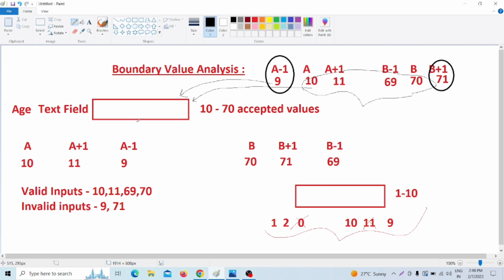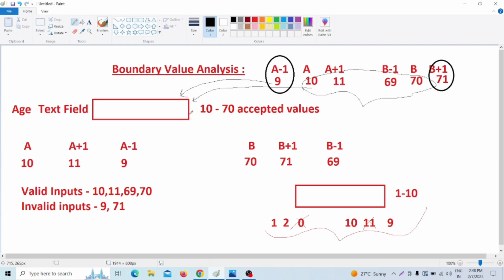These are the concepts of boundary value analysis. So you have to remember one thing, that is the rule, that formula: A minus 1, A plus 1, B minus 1, B plus 1. If you remember that, then boundary value analysis is very easy. We just have to put the values, and that is applicable only for digits.